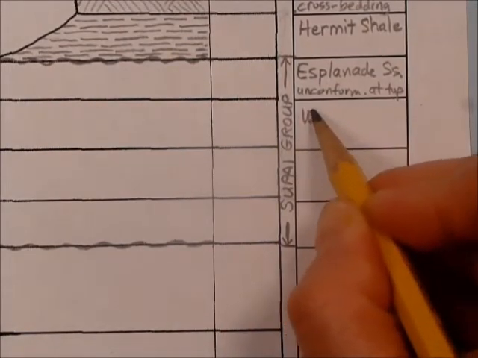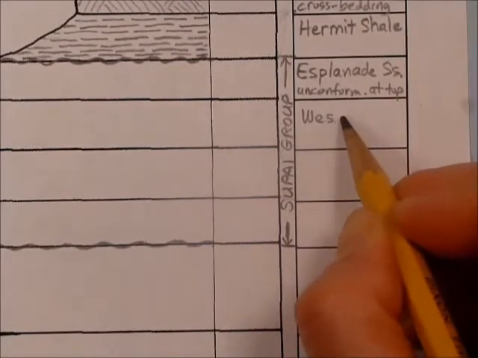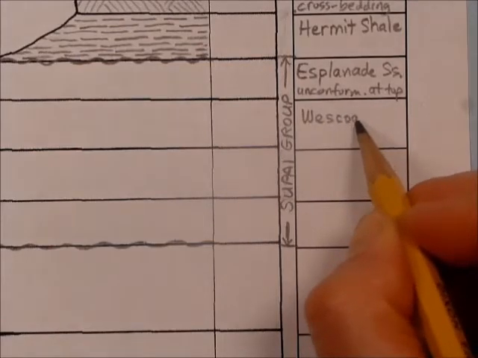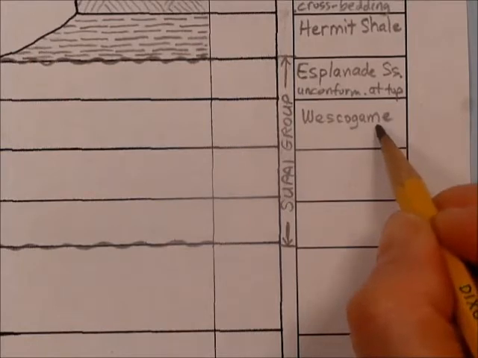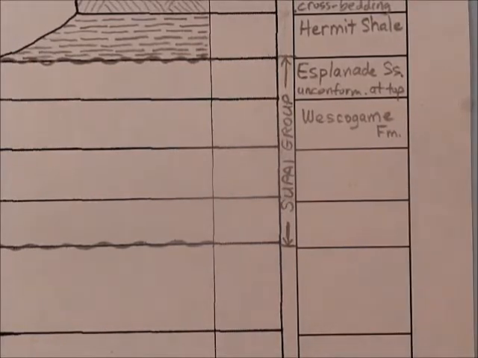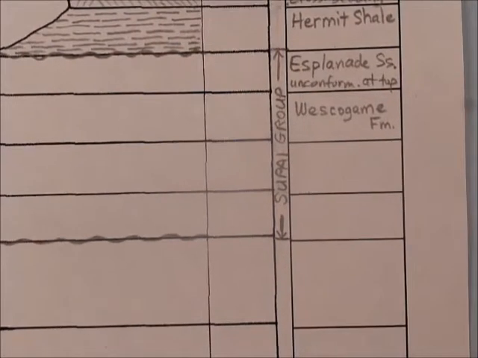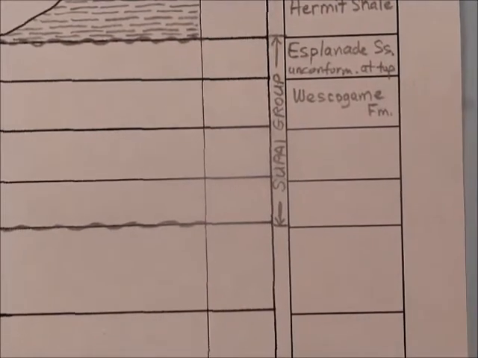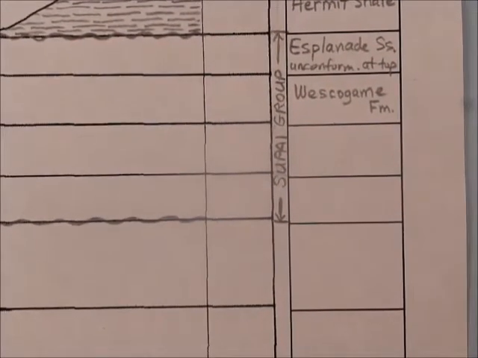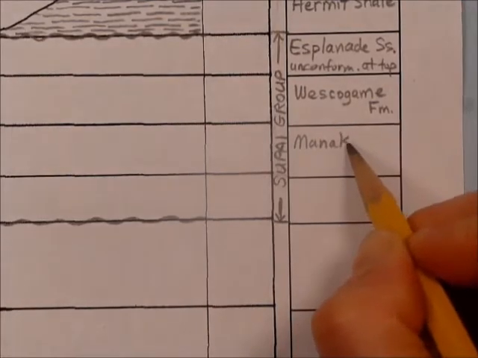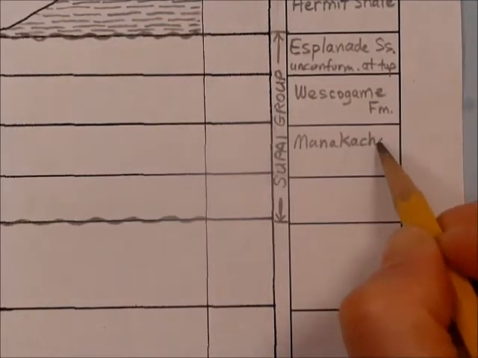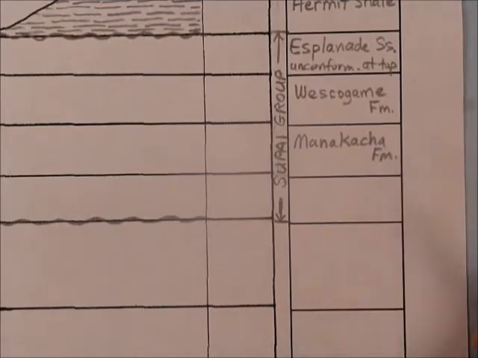And then we have three Native American words. The Wescogame, Wes-co, and then like game, G-A-M-E. And this is just called formation, F-M. Wescogame. And the next one is the Manakacha, M-A-N-A-K-A-C-H-A formation.